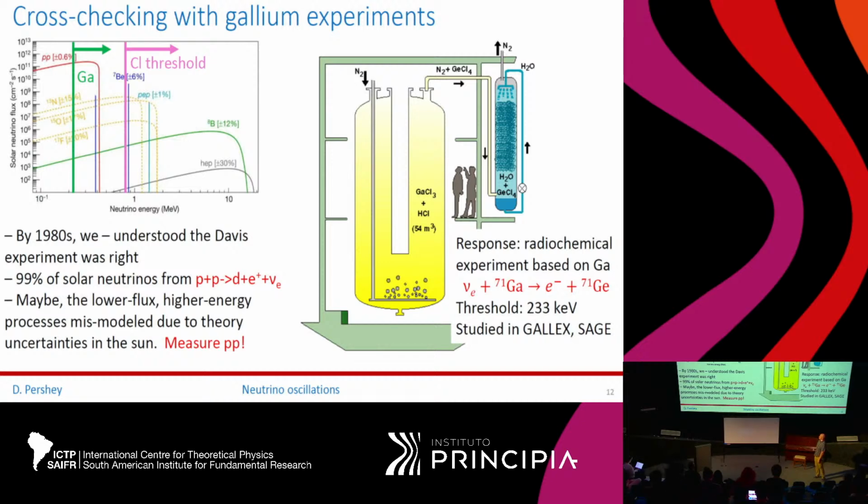So this experiment was dominated by these PP neutrinos. And basically the same story. So we have solar neutrinos interacting within this gallium target. Eventually, it will get regularly flushed with some chemical and have these germanium-71 radioactive isotopes separated out. We look for the decays of those.